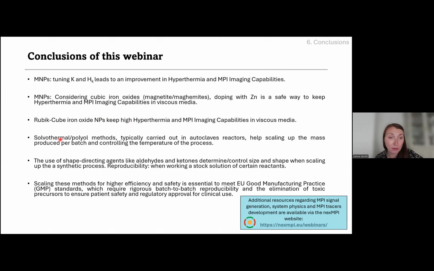And then for solvothermal and polyol methods, typically carried out in autoclave reactors, this helps scaling up the mass produced per batch and controlling the temperature of the process. Of course, with co-precipitation, you obtain 10 times more, but it is an important step ahead in the scale-up production of high-quality nanoparticles, the solvothermal and the polyol methods.